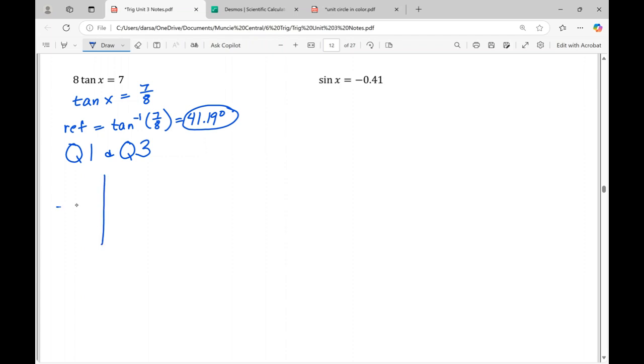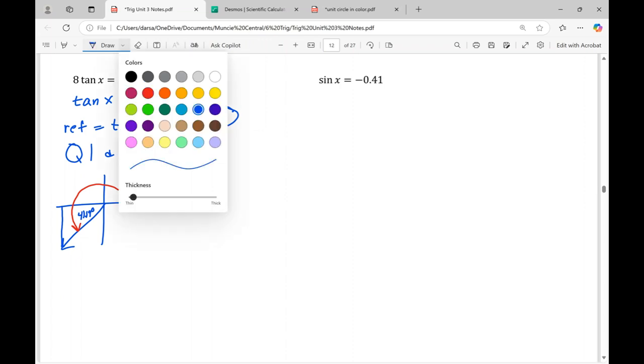To do a quadrant 3 answer, remember a quadrant 3 angle is down here. It has a reference angle of 41.19 degrees. And the angle that we're looking for is the angle that starts at the positive x-axis and goes all the way to this terminal side. So you'll notice we did 180 degrees plus another 41.19 degrees.